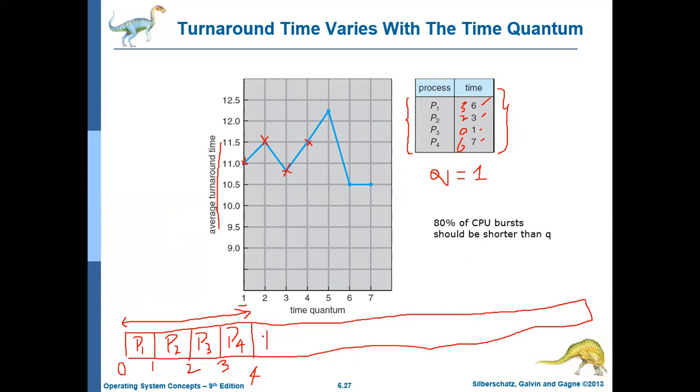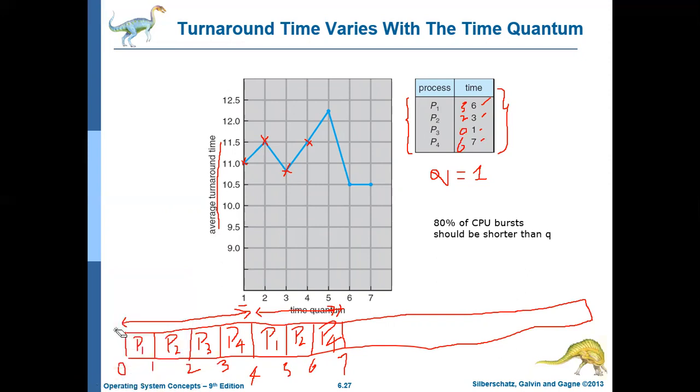First there will be P1, then P2, and then P4. So this is round 2. Round 2 completed at the 7th millisecond.